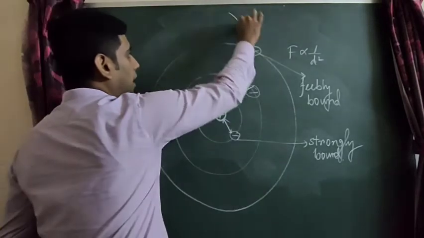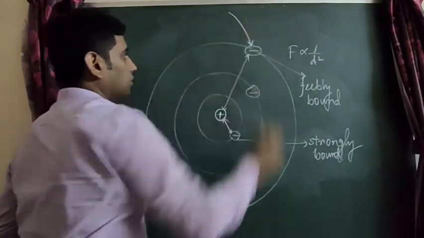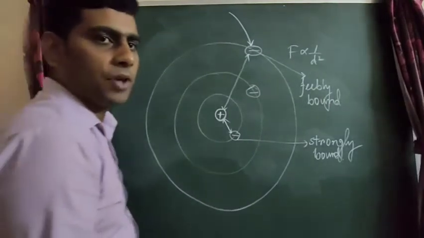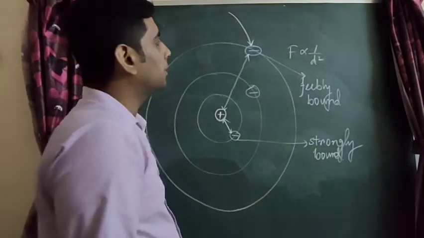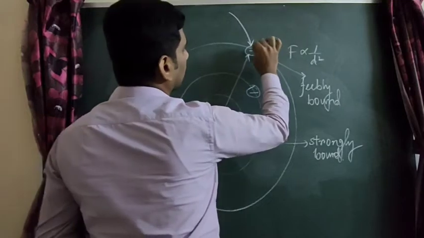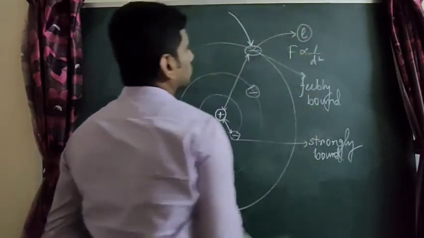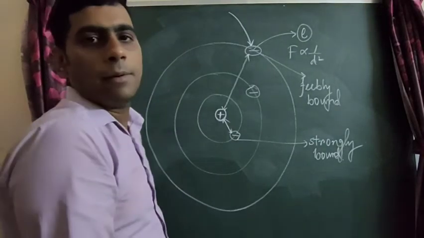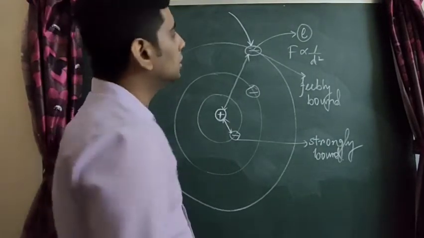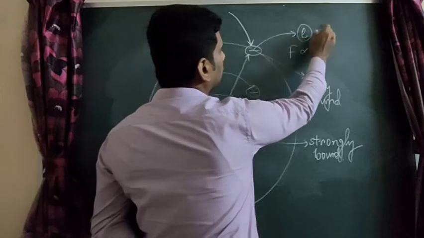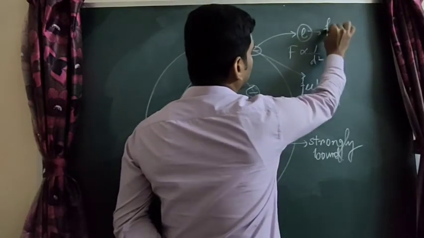Means this electron is strongly attracted by the nucleus, whereas this particular electron is feebly attracted. Now, if from outside I give energy to this electron in the form of heat by rubbing or by heating, what happens with that energy? This electron comes out of the orbit and moves in the available space within the atom. And this particular electron is known as a free electron.